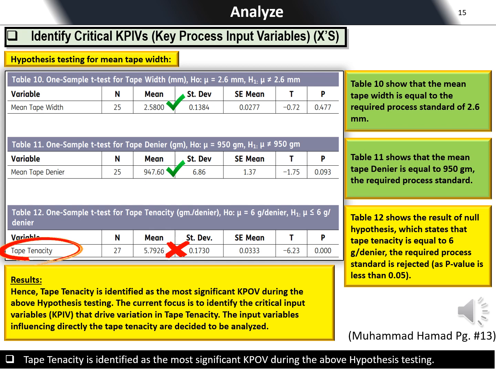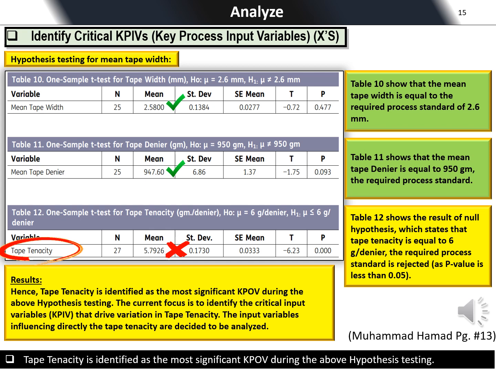Identify critical key process input variables for X. Hypothesis testing for the mean tape width. Table 10 shows that the mean tape width is equal to the required process standard of 2.6 millimeters. Table 11 shows that the mean tape denier is equal to 950 grams, the required process standard.